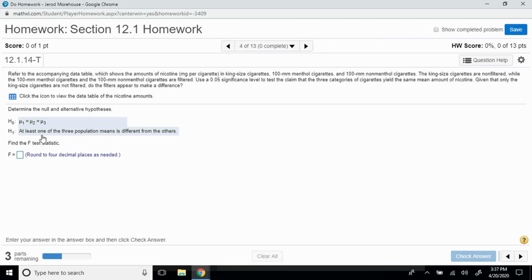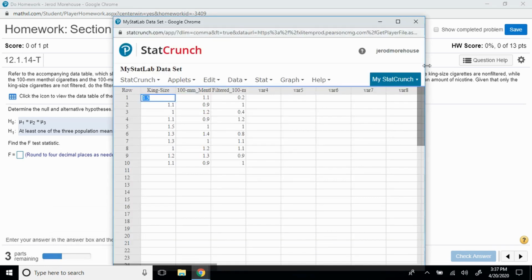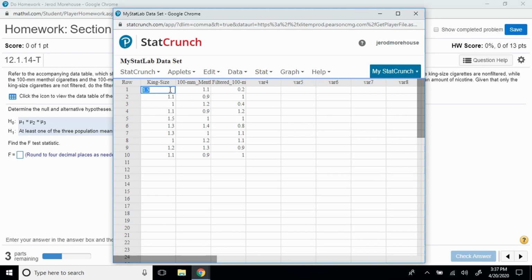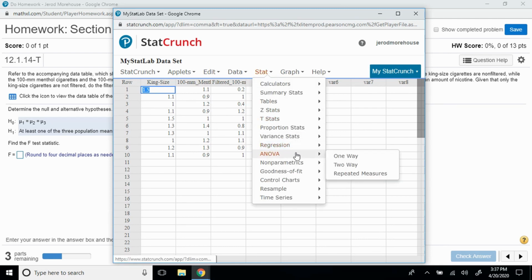Right. Now then it says find the F test statistic. So I'm going to go back to StatCrunch here. It has the nicotine levels for the 3 separate cigarettes in columns 1, 2, and 3. So I'm going to go Stat, ANOVA, and we're just doing a one-way ANOVA today.